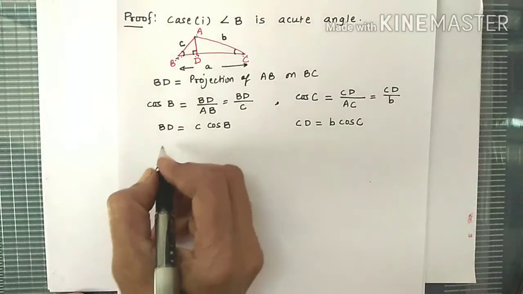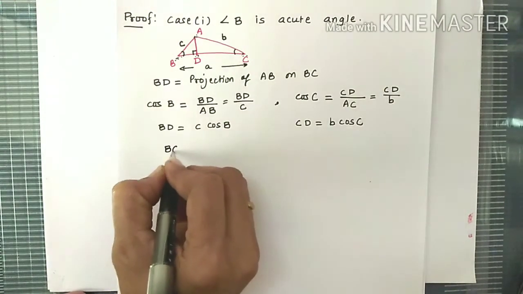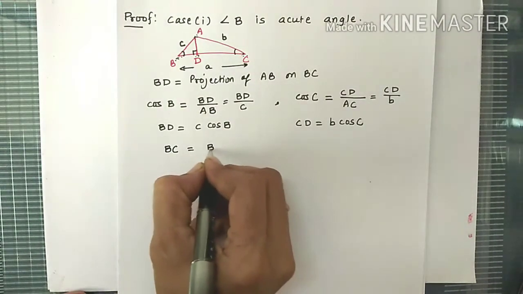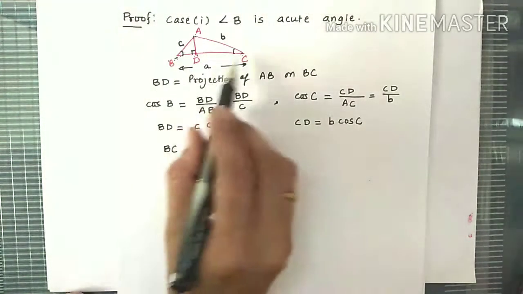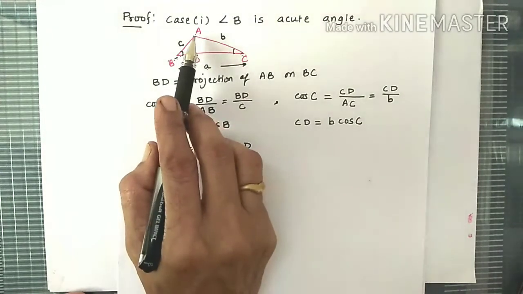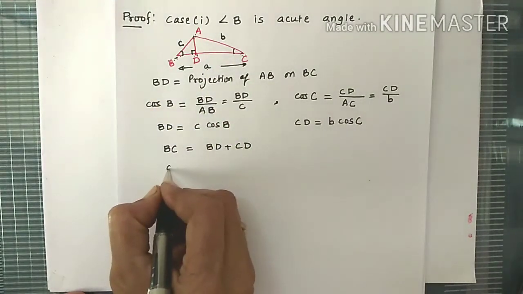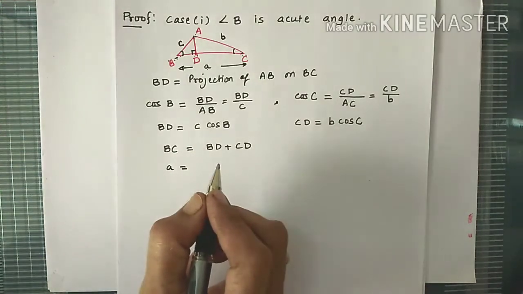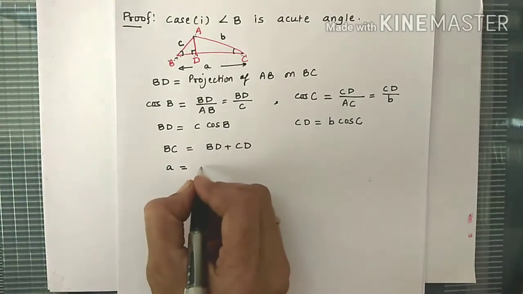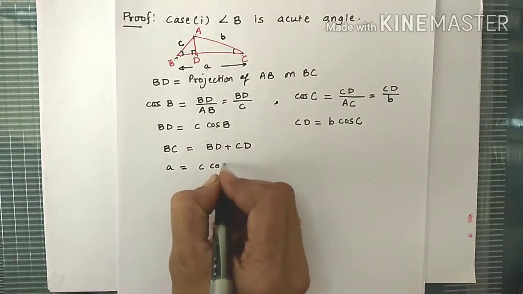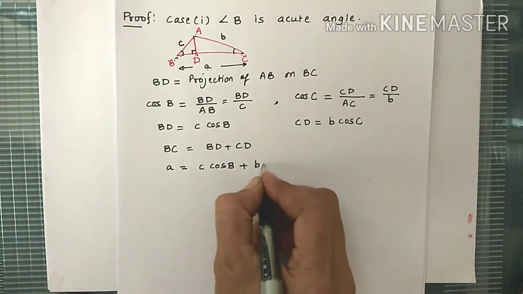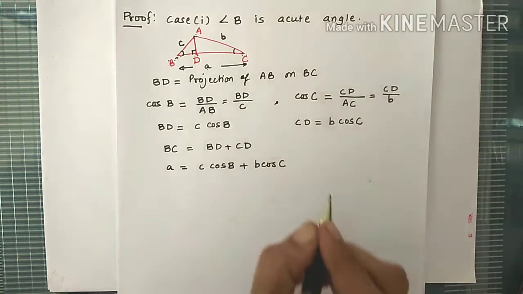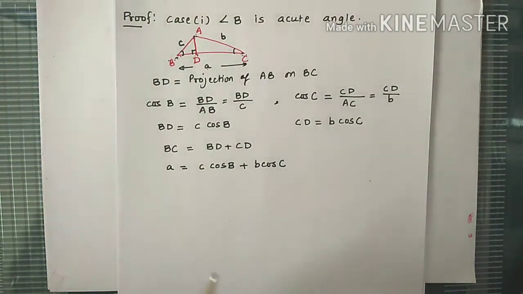Now in this diagram, we can see that BC equals to BD plus CD. Now what is BC? BC is denoted by a as it is opposite to angle A. So we have a equals to BD, that is c cos B, plus CD, that is b cos C. So we have proved that a equal to c cos B plus b cos C whenever B is acute angle.